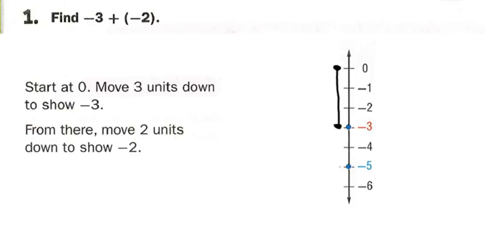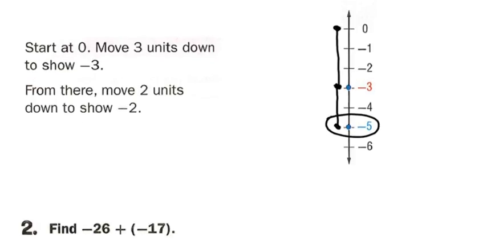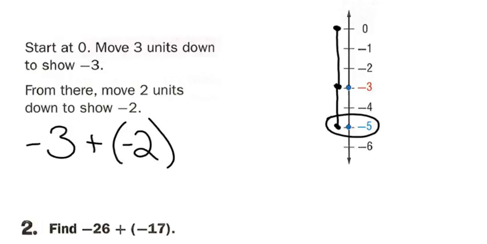It says we are then going to add 2 negative units as well from there. So from -3, we're going to add 2 more negative units, 1, 2, and that brings us to our answer, which is -5. So we can see that -3 plus -2 equals -5.